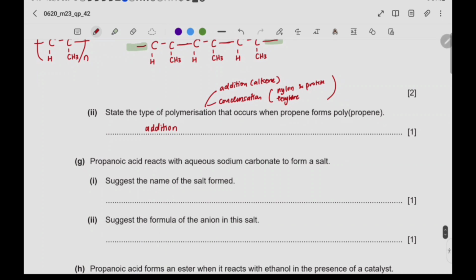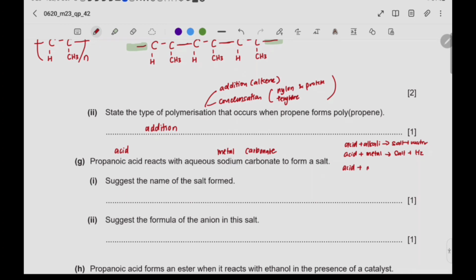Propanoic acid reacts with sodium carbonate to form salt. This is very simple. Acid with metal carbonate, guys. So acid can react with three things. Acid can react with alkali to form salt and water. Acid can react with metal alone to form salt and hydrogen gas.